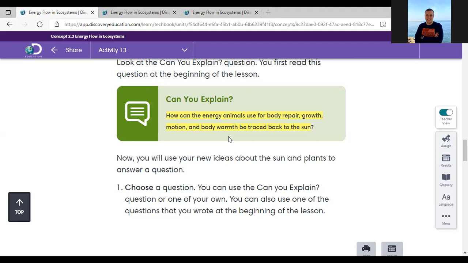How can you tell that the origin or the source of energy inside our body is the sun? Can anyone answer this question? Jawad?